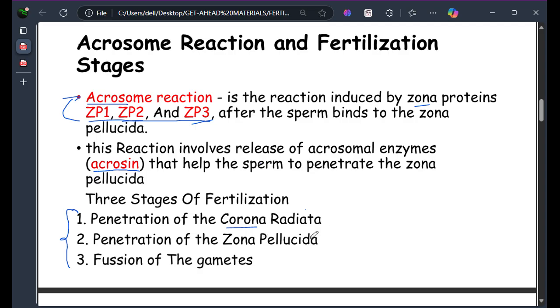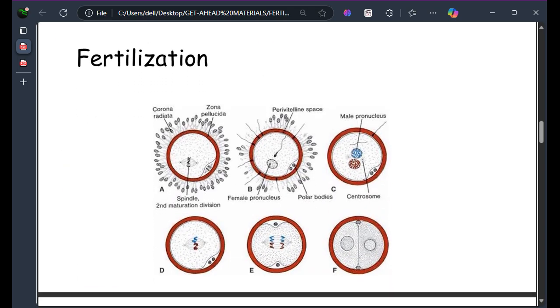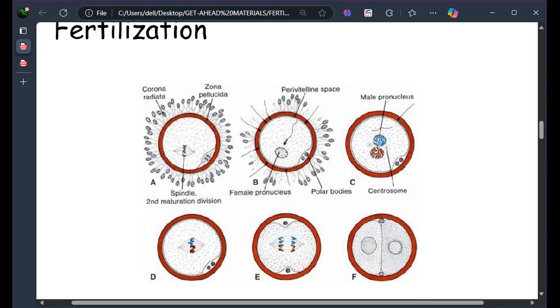But when you're talking about the stages of fertilization, they involve penetration through the corona radiata first, then the zona pellucida, and lastly fusion of the gametes. So the sperm will be able to penetrate these layers, and then fertilization will occur through fusion of the nuclei themselves. Those stages are illustrated in this picture.